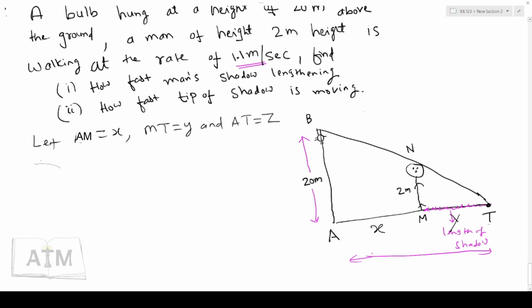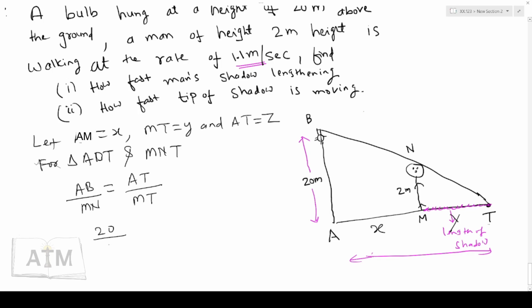Now for triangles ABT and MNT, we can write AB upon MN equals AT upon MT. AB equals 20, MN equals 2, AT is nothing but x plus y, MT equals y.